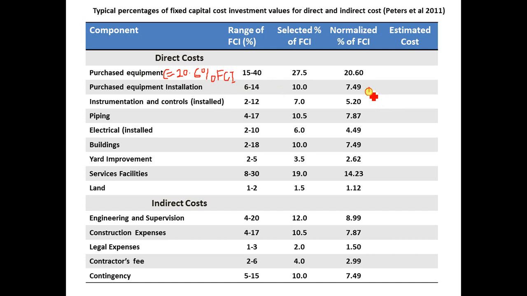Remember, we have purchase equipment in the question as 100,000 real, which is equal to 20.6 FCI.